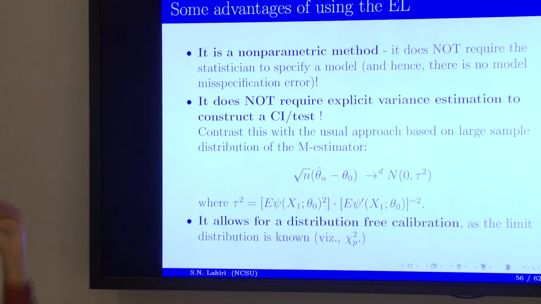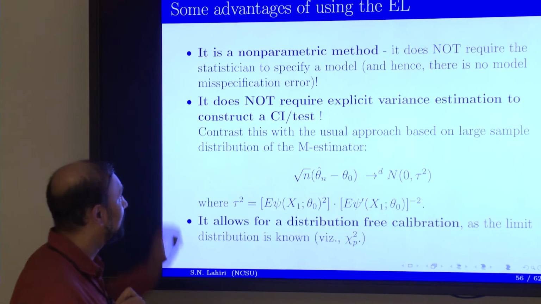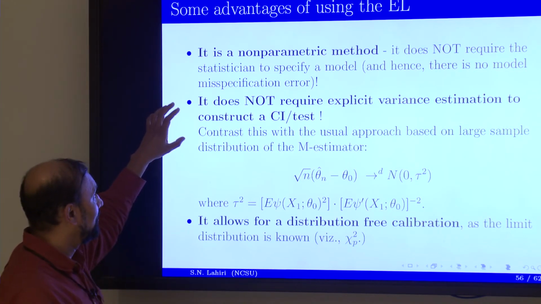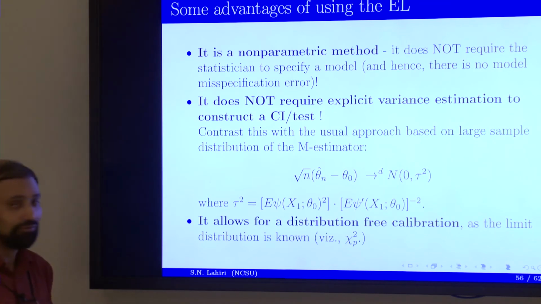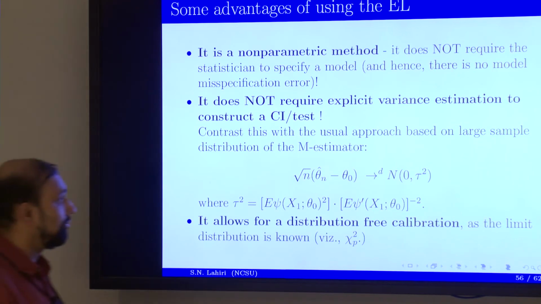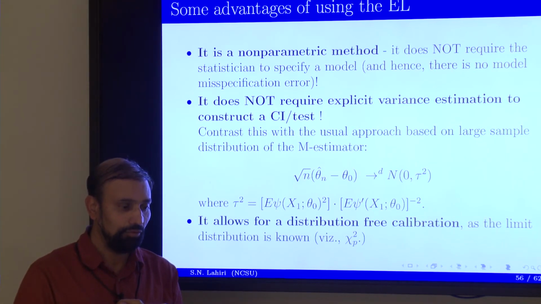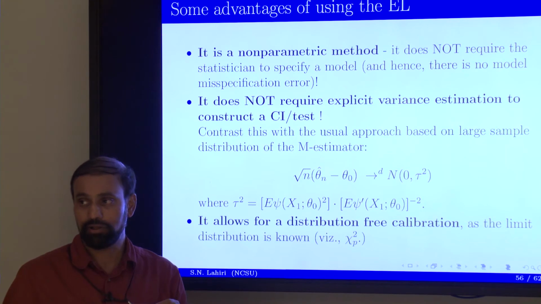Okay, there are lots of good things said about empirical likelihood. I'll let you read, or maybe not. So one of the major things that you should appreciate here is that we do not have to estimate the variance. So when we are looking at the likelihood ratio test, or we are inverting that to get a confidence interval, all I have to compute is this function R of theta.